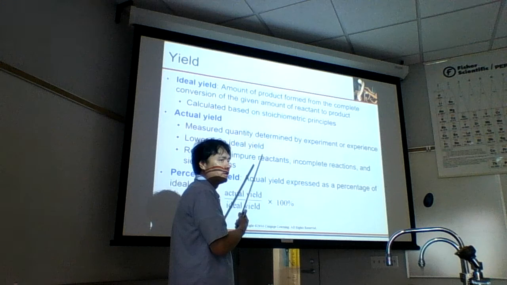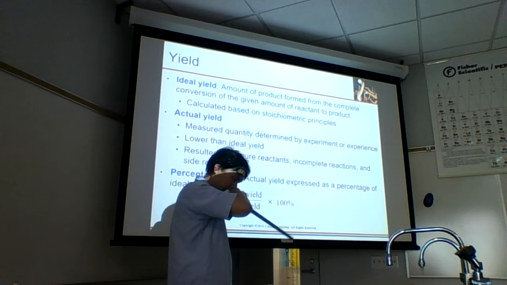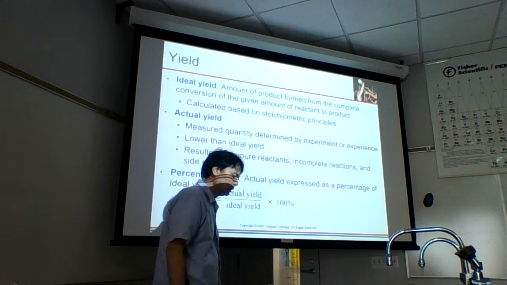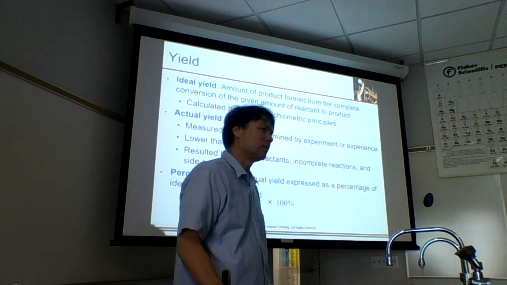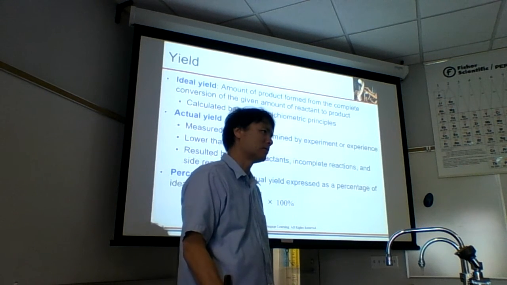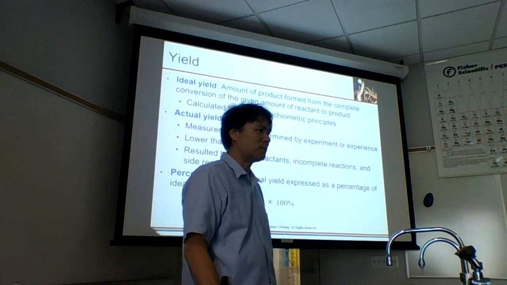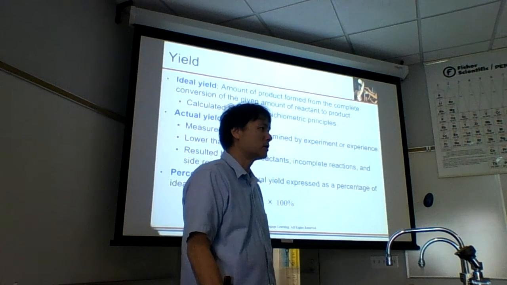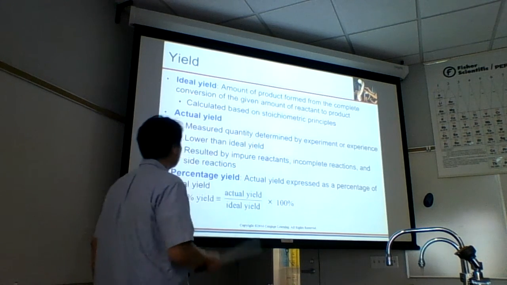In theory, you should have gotten the theoretical yield, but in actuality, you might not have, because of recovery. A lot of people don't want to scrape every last crystal or every last piece of precipitate out of their test tube. The amount of time it takes to scrape every last piece isn't worth it. You just get most of it and be done. So that's what we call the actual.